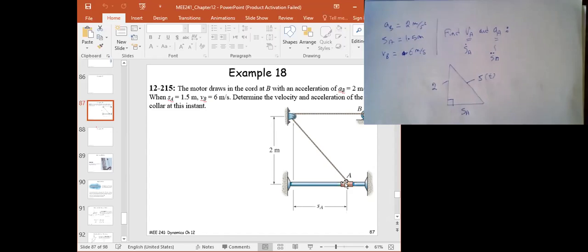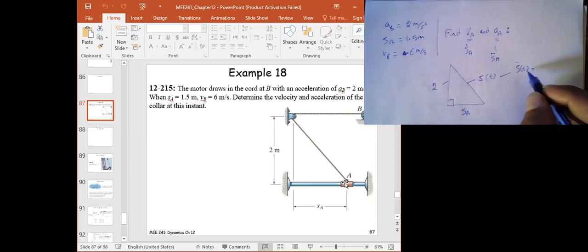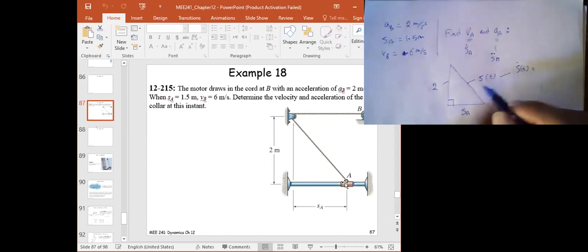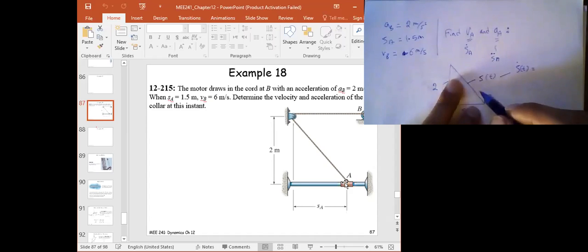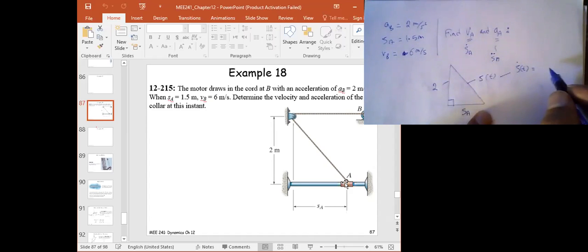How can I go about this? So what is S prime of T? It is SA prime. So S prime, the rate of change of this cable, is going to be equal to VB, right?